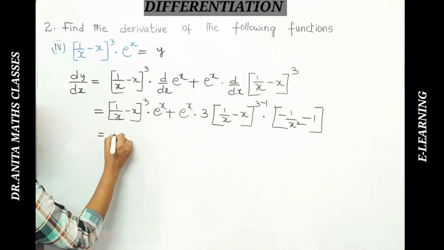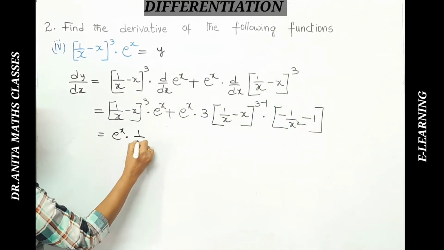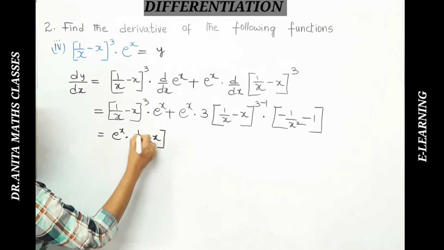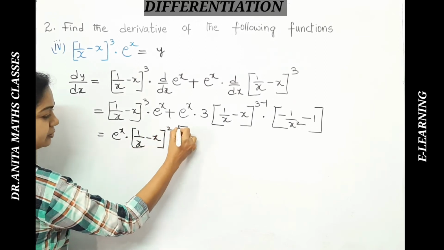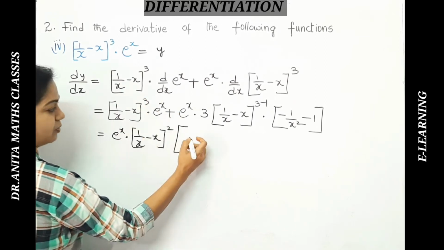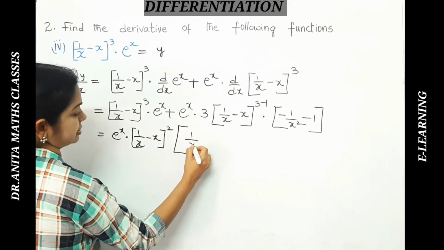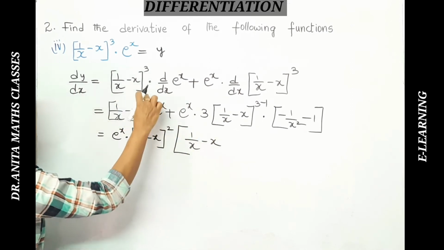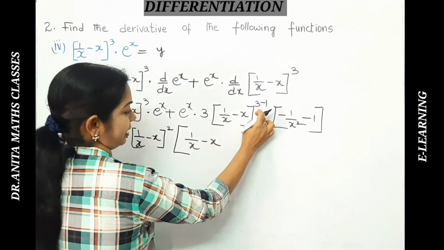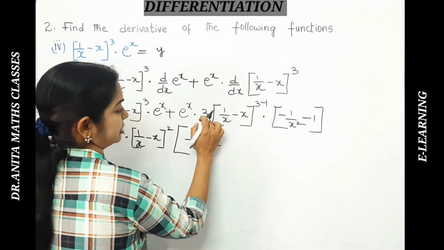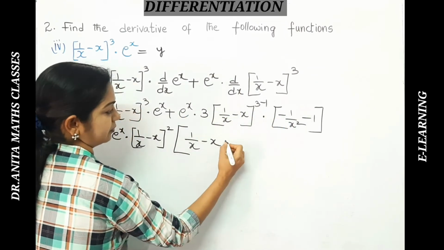So like e to the power of x and 1 by x minus x whole square, we can take common here. So the remaining is just another 1 by x minus x is remained here, one more here square, and e to the power of x taken out here. These two are remaining one.